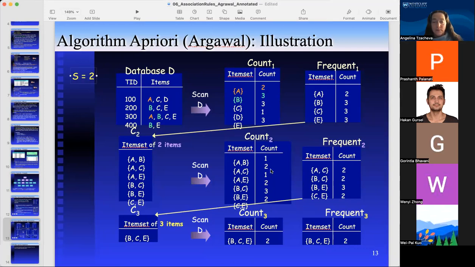Any of those sets whose support is 2 or higher will remain. And we only have those 4 left here: AC, BC, BE, and CE. These are important. These are the ones that satisfy the threshold. The ones that are less than this are just eliminated, or crossed out so that they're not used.